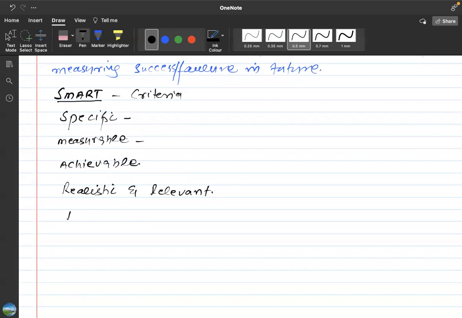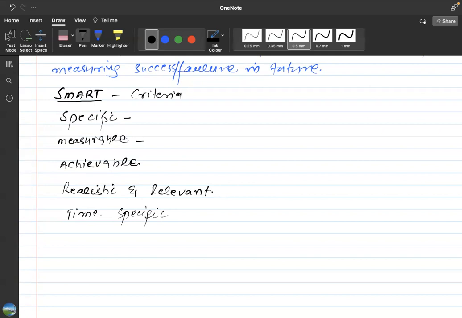And then time specific. Objectives should be described in time limits too, for example, that the business wants to achieve 20% profit in the coming 2 years. That seems specific, measurable, achievable, time specific, realistic, relevant.